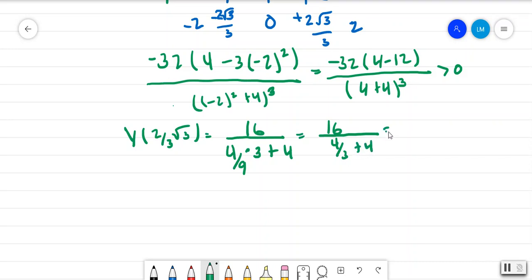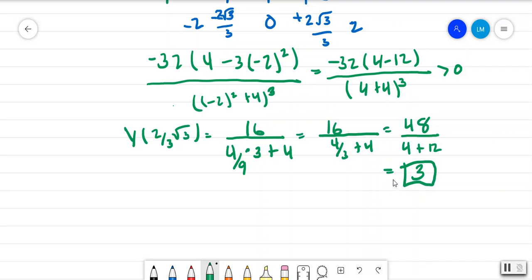And then from here, I can say that that's going to be 48 divided by, if you multiply this by 3, that's going to be 4, and that's going to be 12, which is going to be a 3. Okay, so that's pretty crazy that that's going to give you a 3, which means that the other one is going to be a minus, oh wait, you're squaring it, so it's going to be the same.